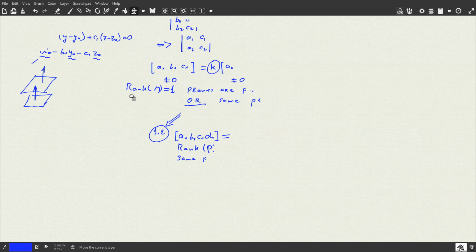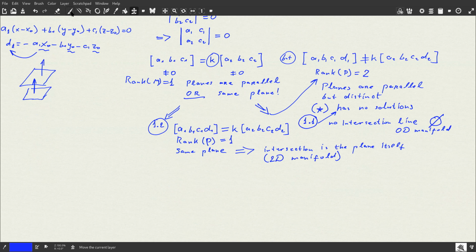Now, we consider the generic case. 2 is the generic case. In the generic case, the rank of our matrix M, which is 2 by 3, is equal to 2. So rows of M are linearly independent.